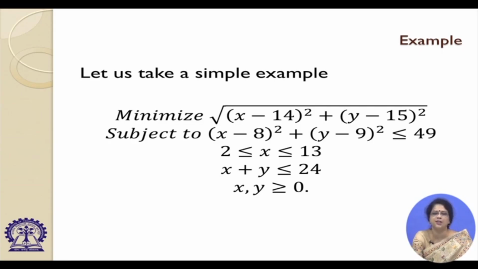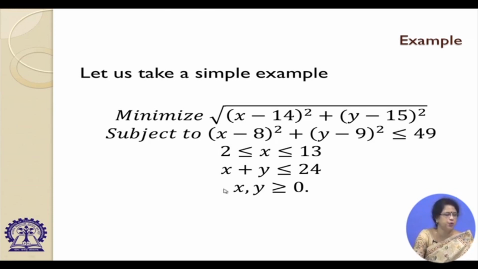One constraint is nonlinear, another circle with radius 49 and center (8, 9). There is a bound for x and a linear line x plus y less than or equal to 24, but there is no bound for y. Since there is no bound for y, generally we consider y ranging from 0 to infinity.